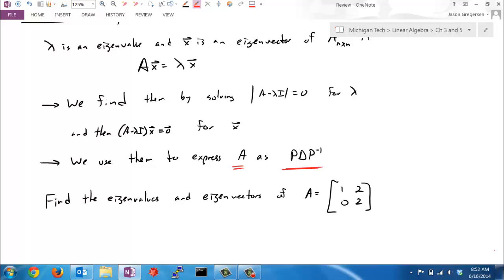All right. Work on this problem here. Pass those key.